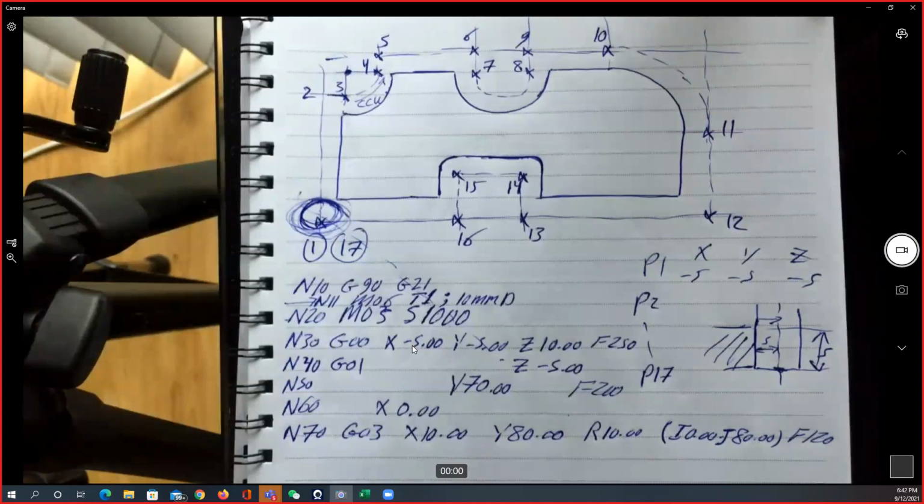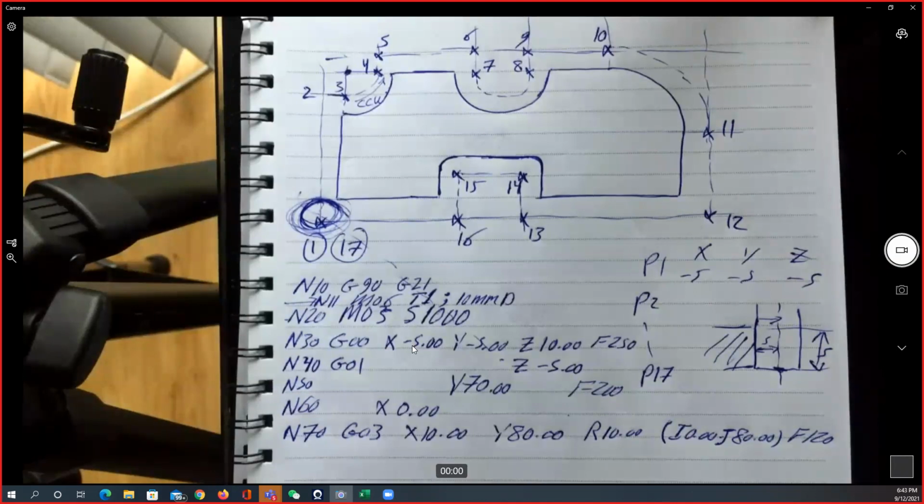Okay, now I would like you to finish the code. Go from 4 to 5, straight line. 5 to 6, straight line. 6 to 7, straight line. 7 to 8 is going to be a curve, and this will be counterclockwise again. So G03. 8 to 9, straight movement. 9 to 10, straight. 10 to 11 is going to be an arc.